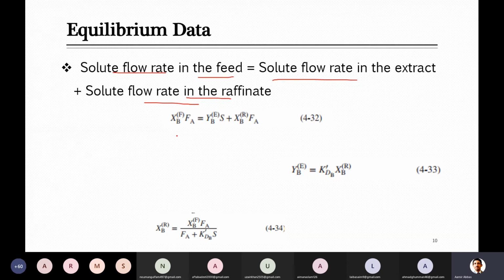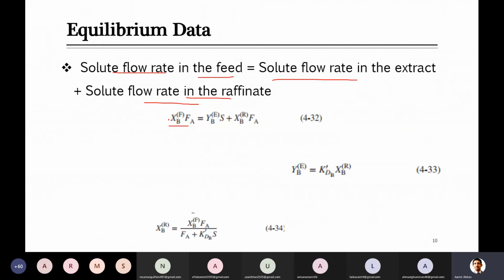Suppose the mass of this solute at the inlet in the feed. How can you represent it here? We write it as XB in the feed.